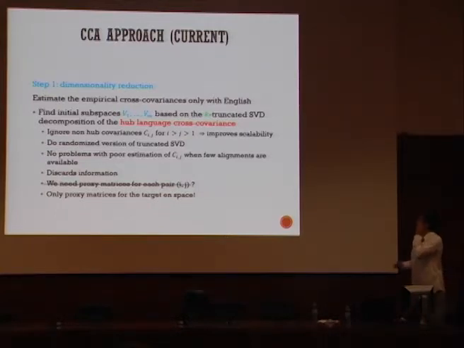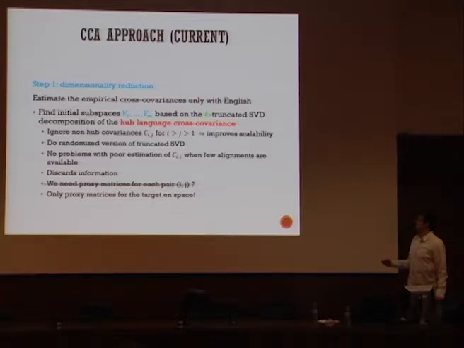So just to summarize, we are estimating everything only against English. We found these initial subspaces using this truncated SVD decomposition, using these randomized techniques. And we ignore these non-hub covariances, because in some sense, as we've seen, for example, for Slovenian and Hindi, this is just noise in the data.